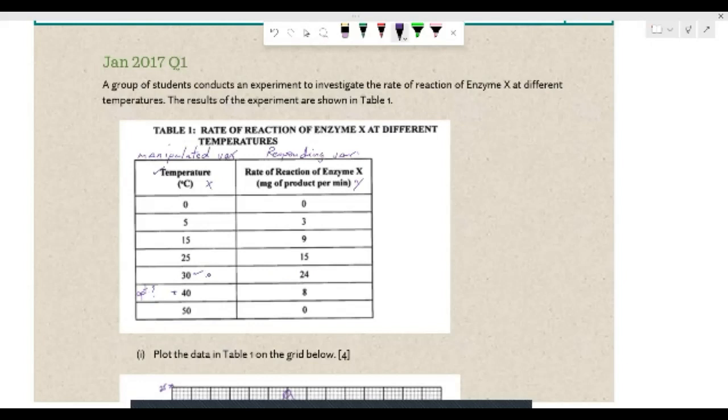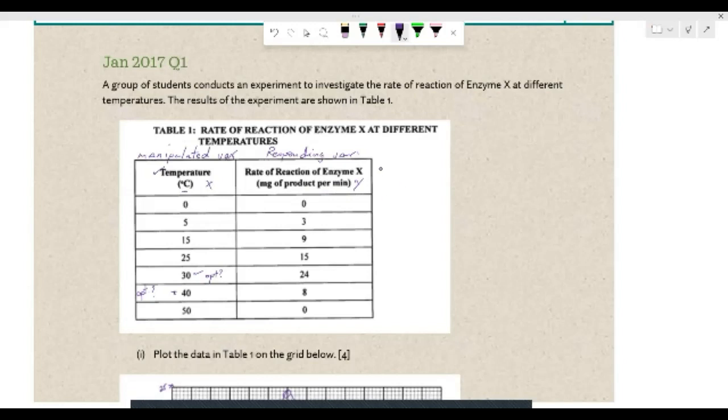And we see from the rates of reaction that we go from 0 to a high of 24, then we drop back down to 0 really quickly. Note the units. The units for temperature is degrees Celsius, and the units is milligrams of product per minute.